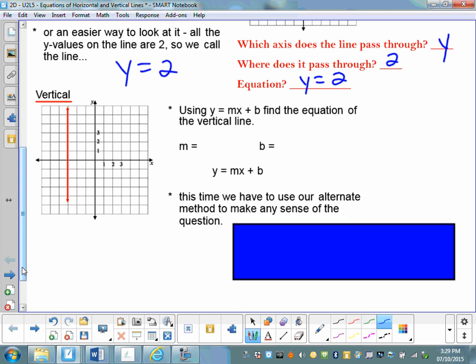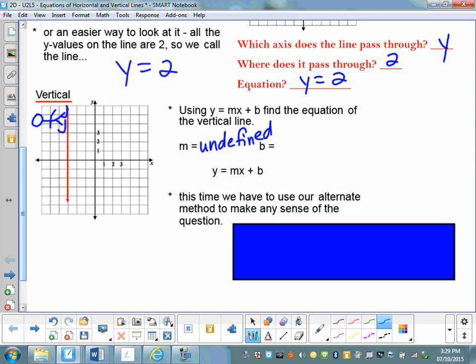Now let's take a look at the vertical situation. So again, those of you that I taught last year, we talked about downhill skiing or snowboarding on this hill. Now, if you were crazy enough to snowboard on this hill, by the time you hit the bottom of the hill, you will be undefined.